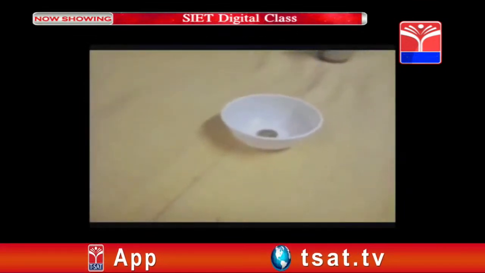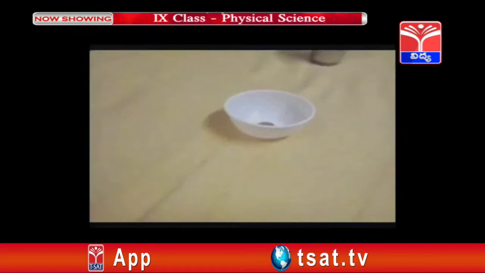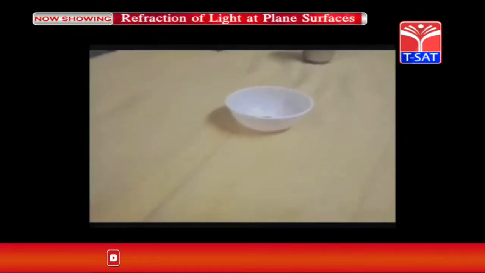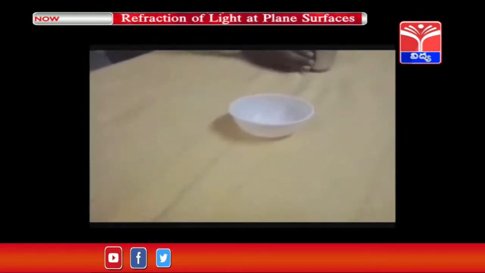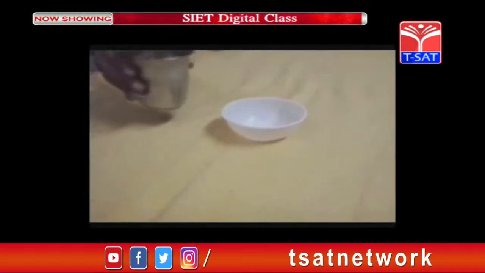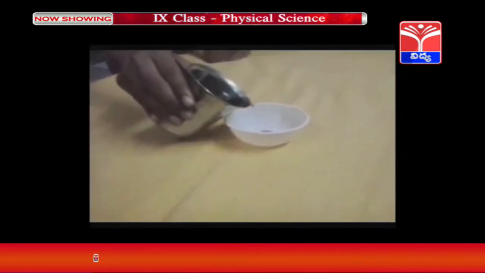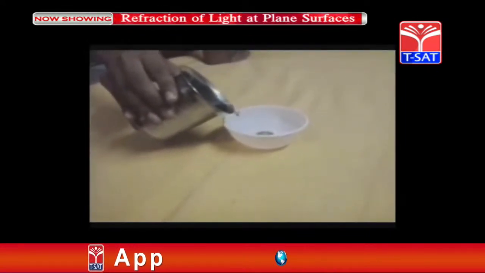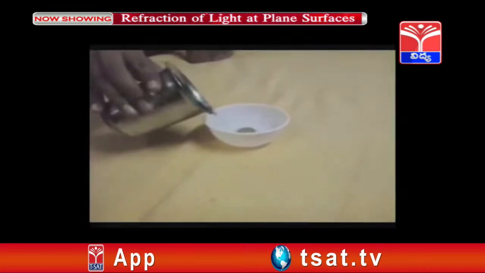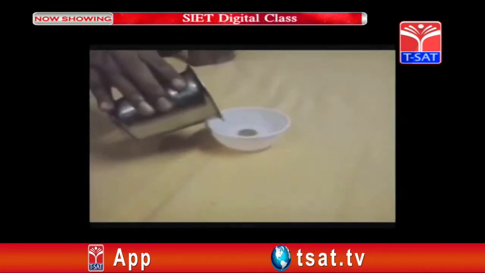Now move back so that the coin just disappears. Pour the glass of water into the bowl and observe carefully. Now we are able to see the coin.